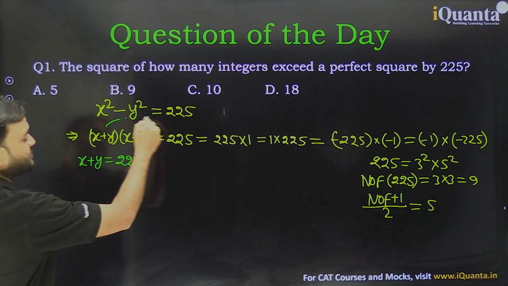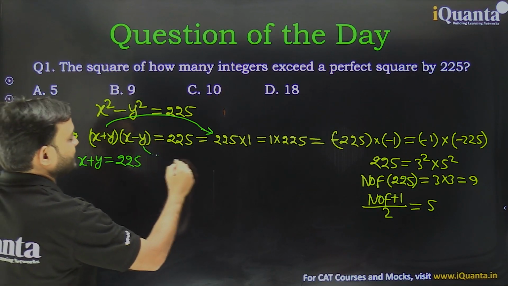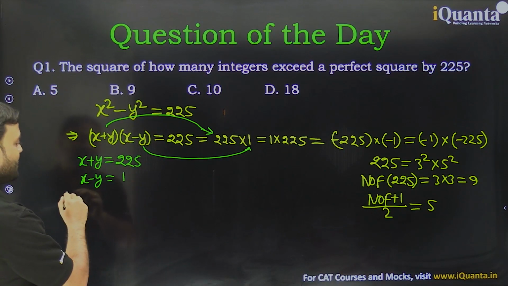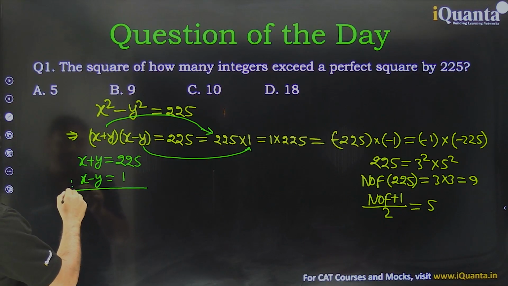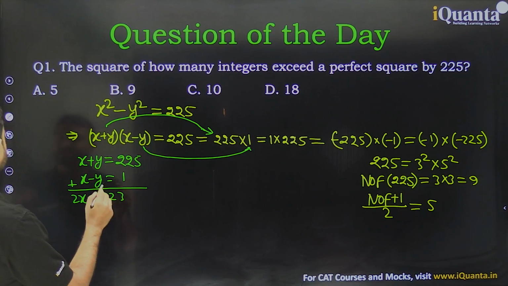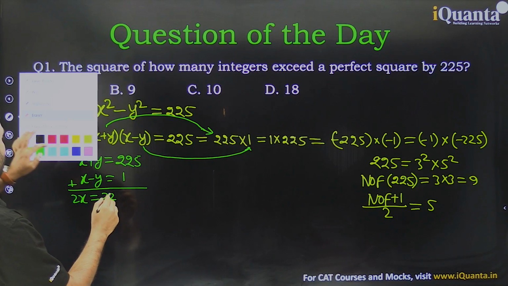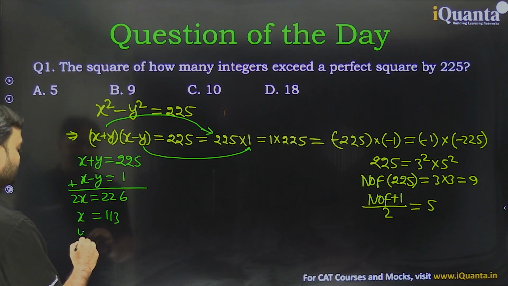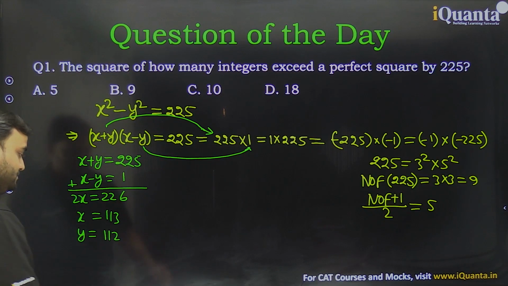If we take x plus y as 225 and x minus y as 1, what happens? x plus y is 225, x minus y is 1. If you add these, we get 2x is equal to 226, x will be 113, and so y will be 112.